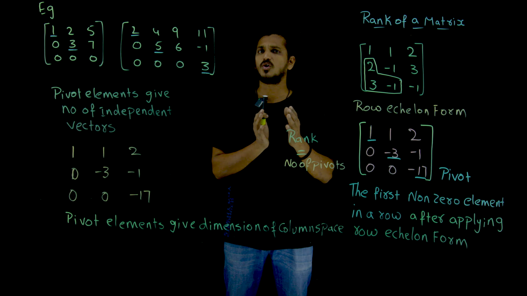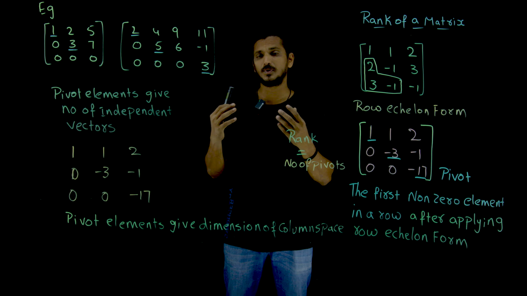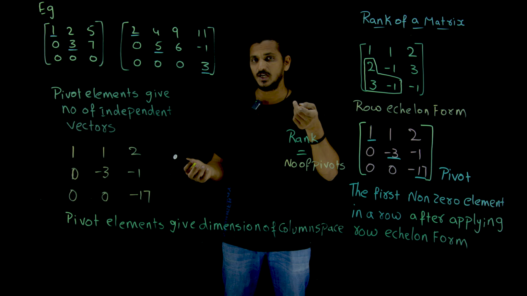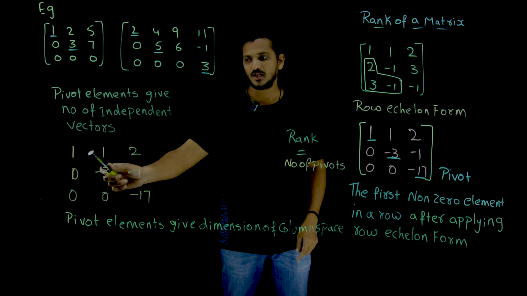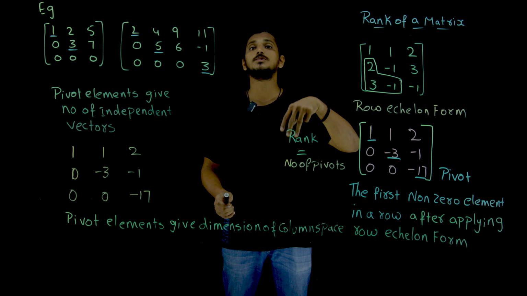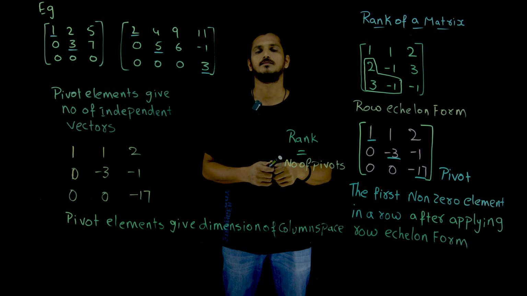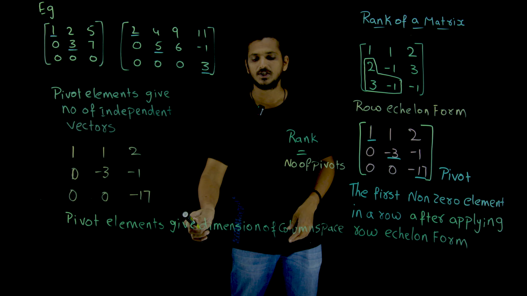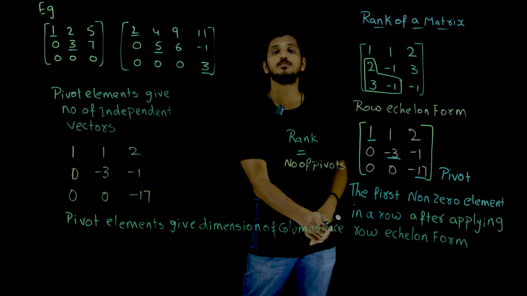The vector space, column space, we already discussed in our previous classes. So pivot elements are giving 3 independent vectors. The number of independent vectors is going to provide you the column space. So this is the point you need to understand. Pivot elements give the dimension of the column space.